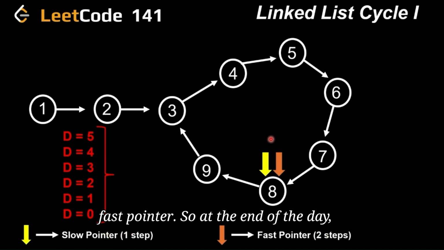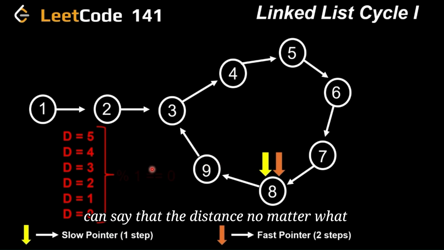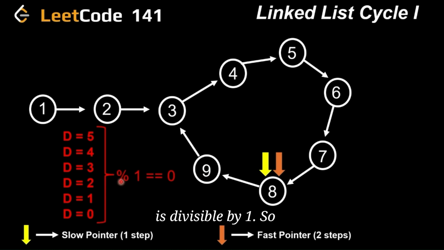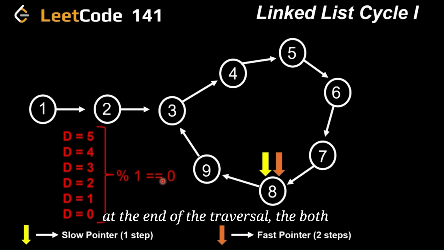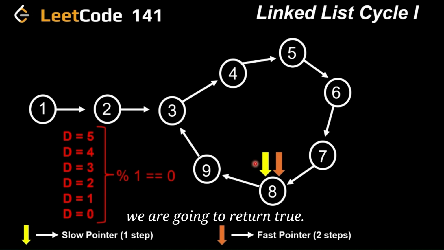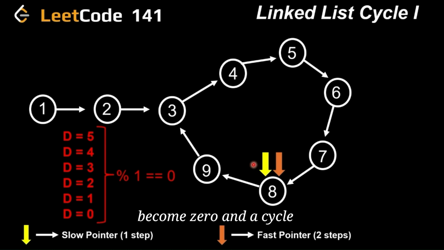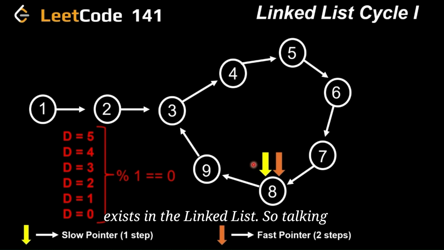So at the end of the day, the distance is decreasing by 1. So the distance, no matter what, is divisible by 1. At the end of the traversal, both pointers are going to meet at a node, and we return true. What do I mean by true? That the distance has become 0 and a cycle exists in the linked list.